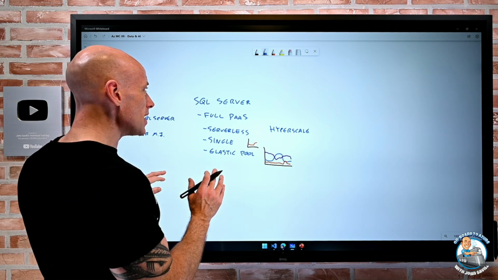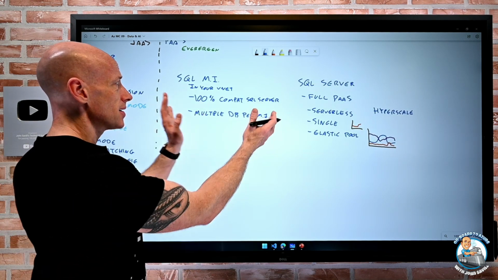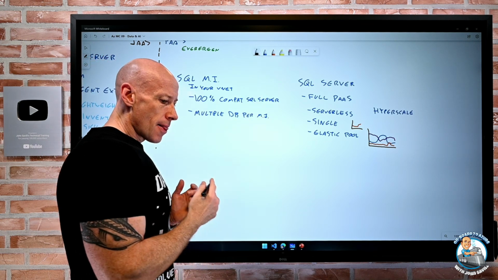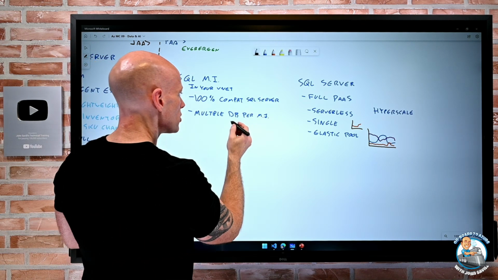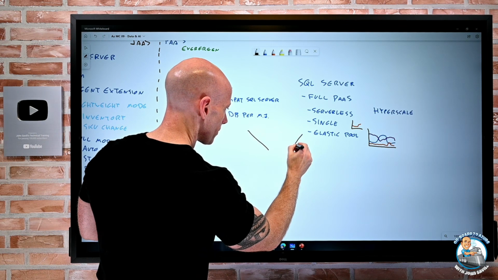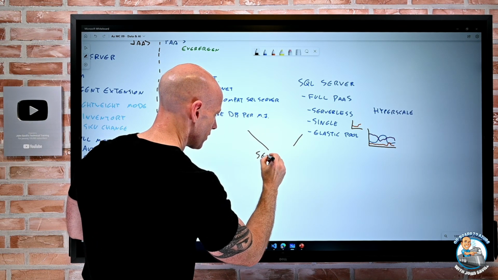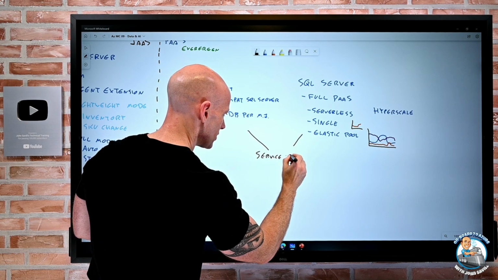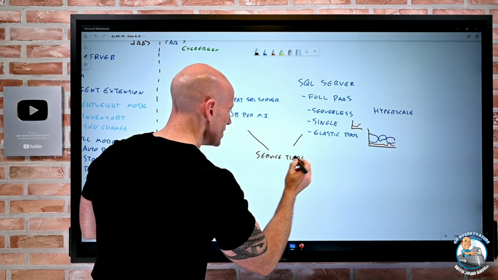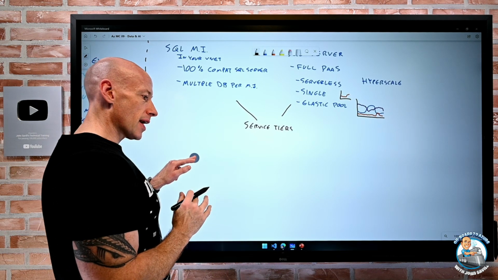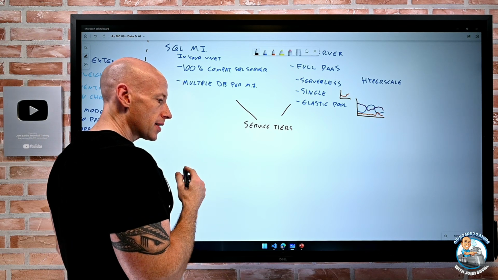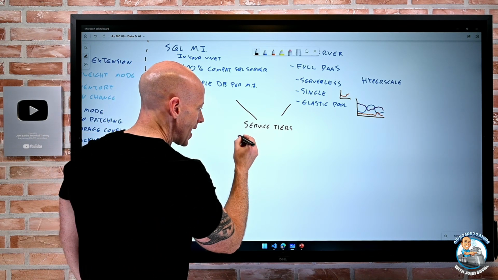Now for both SQL Server and SQL MI, there are different service tiers. And this changes elements of their architecture. So I can think about a standard tier.